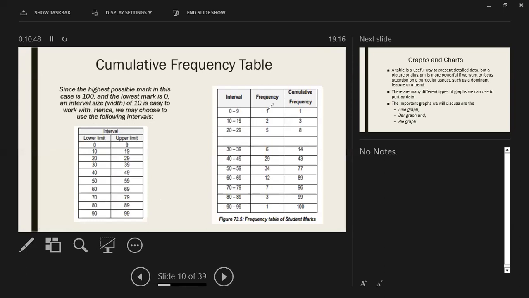All right. So when we're doing cumulative frequency, let me write the formula down there.